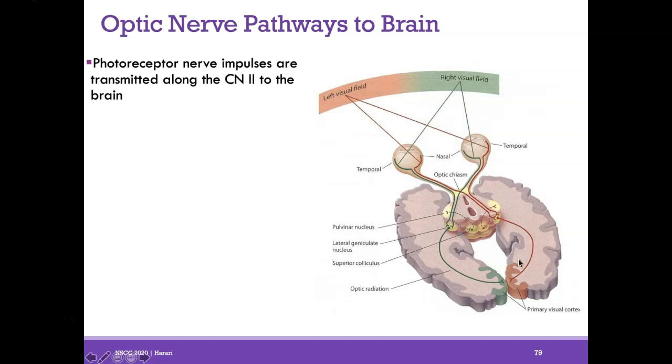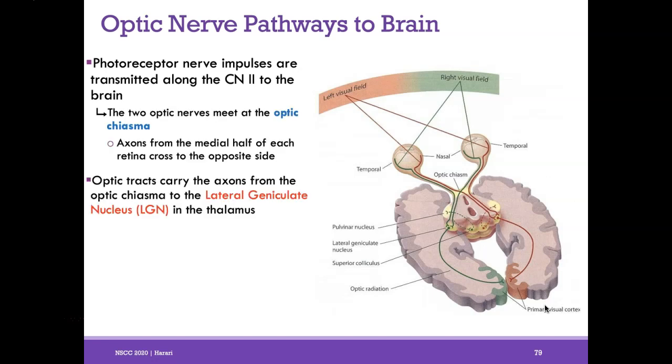The photoreceptors that are in the retina have to then transmit all of their impulses along cranial nerve 2, the optic nerve, to the brain. And we know the visual cortex is all the way in the back, right? It's all the way posterior and caudal. So we need to go quite a ways from the retina to the visual cortex.